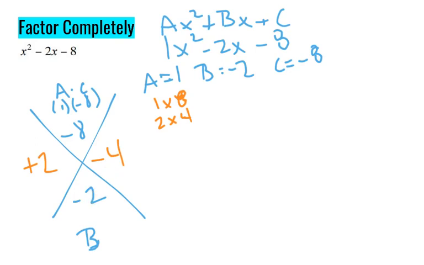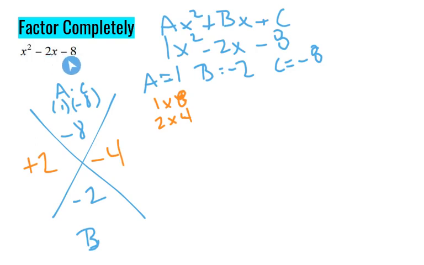So you can always stop right here and double check yourself, because we know that 2 times -4 gives us -8, and 2 minus 4 gives us -2. So now that we know that our numbers are correct, we can move on to the next step.